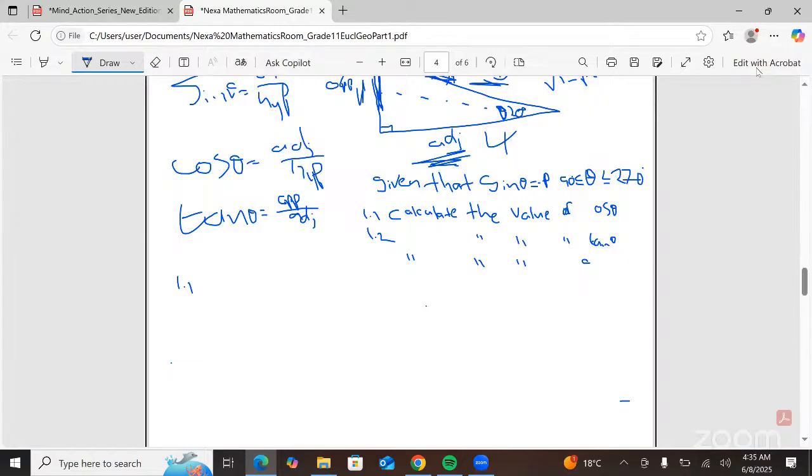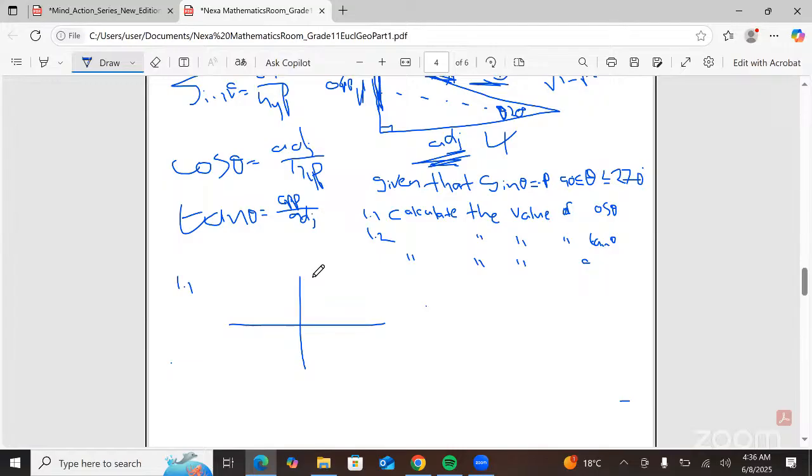You look at the quadrant where sine is negative. Sorry? I think we find the quadrant where sine is negative. Okay, that's 100% correct. So these are our quadrants. So where is sine negative?